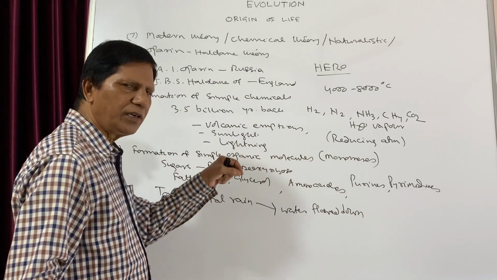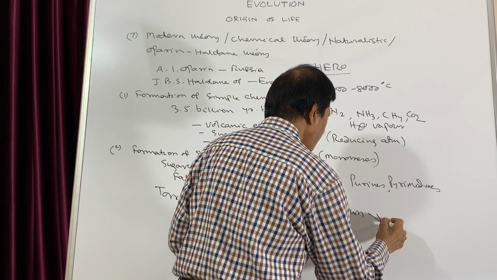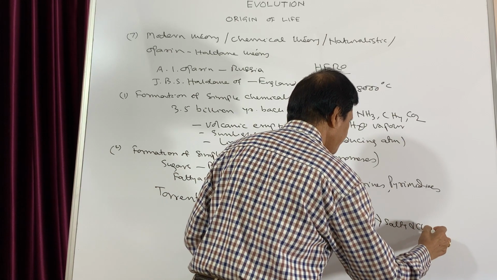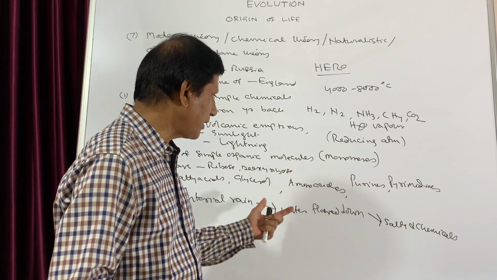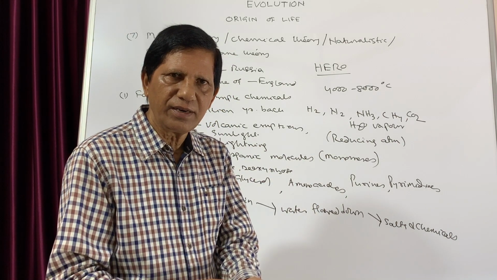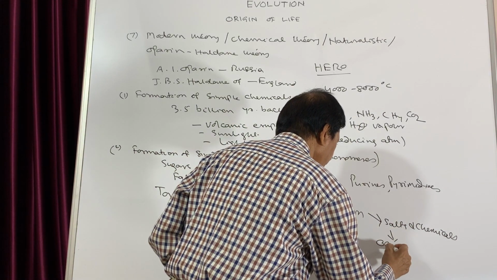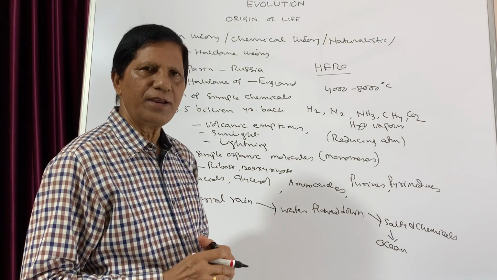And when water flowed down, it carried with it different types of salts and chemicals. And where this water and all these salts and chemicals were retained, they all settled in the ocean, due to torrential rain.